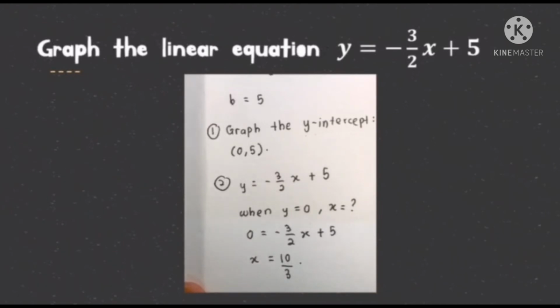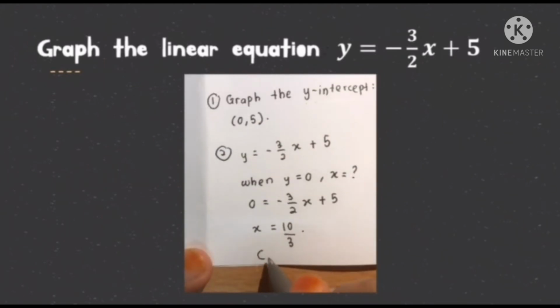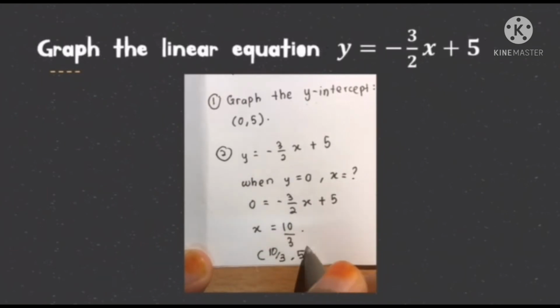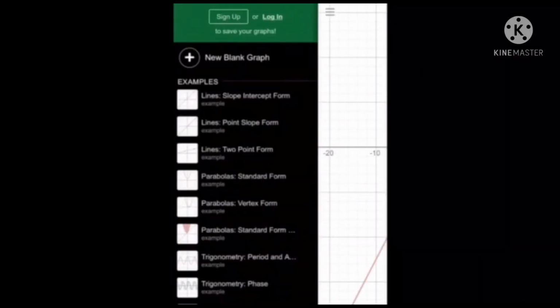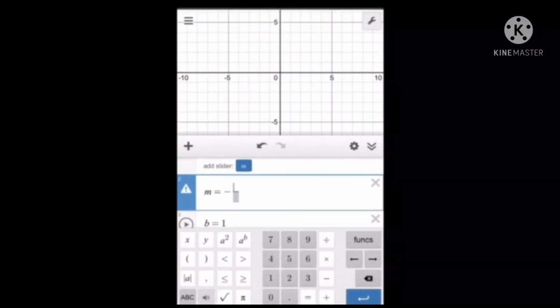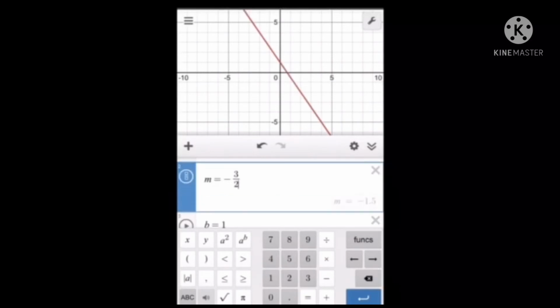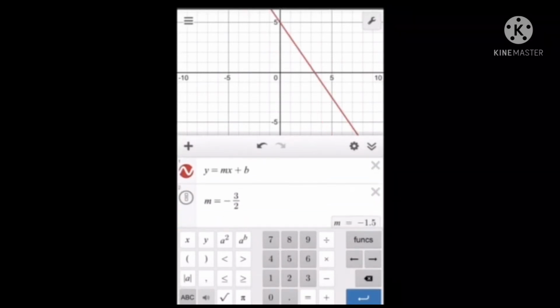The second point is x equals 10 over 3 and y equals 0. Click slope-intercept form, and substitute m, which is slope equals negative 3 over 2, and y-intercept, which is b equals 5.